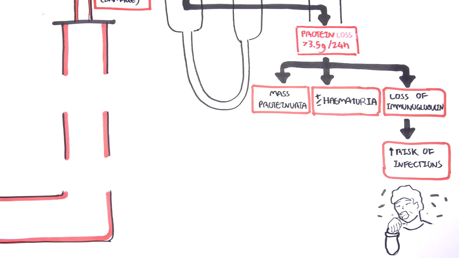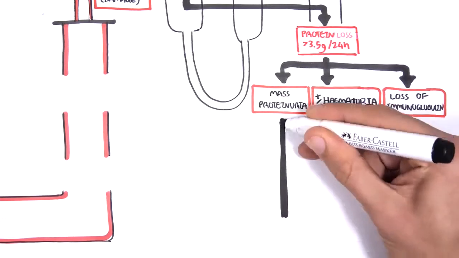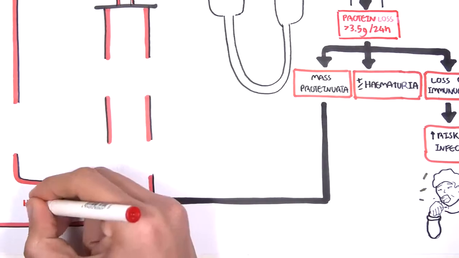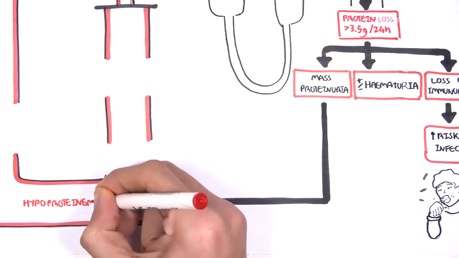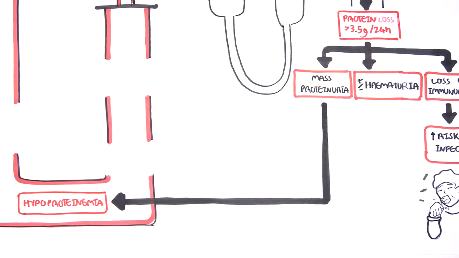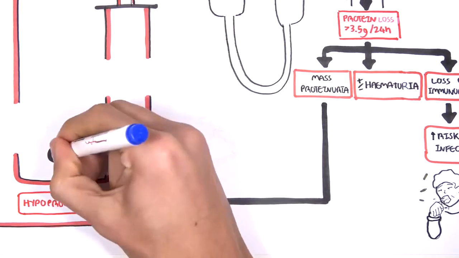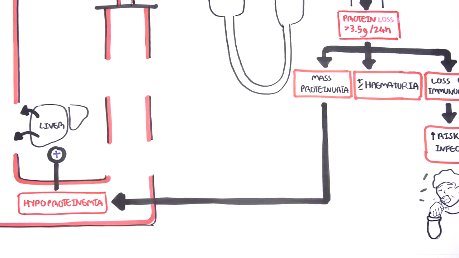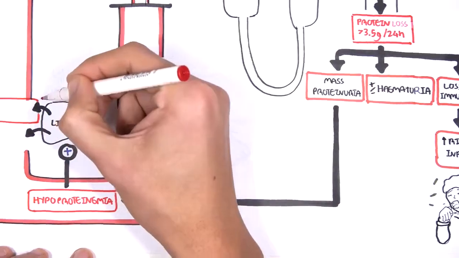The mass loss of protein, such as albumin, from the circulation results in hypoproteinemia, more specifically hypoalbuminemia, so less protein, less albumin in the blood. And this will tell the liver to produce more proteins to compensate.